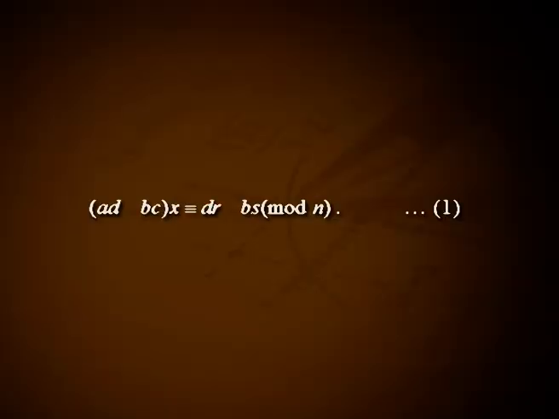These calculations yield (ad - bc)x ≡ dr - bs mod n, equation 1. The assumption gcd(ad - bc, n) = 1 ensures that the congruence (ad - bc)z ≡ 1 mod n possesses a unique solution. Denote the solution by t.